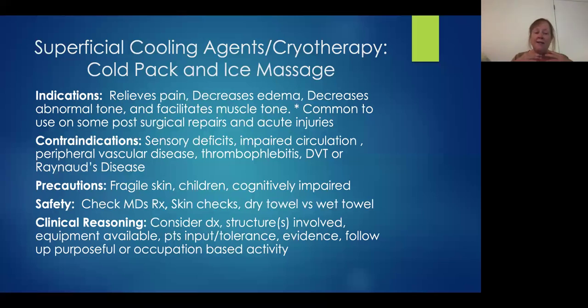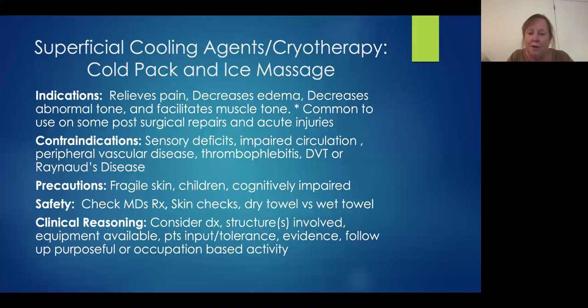Those are definite contraindications for why you would not use cryotherapy. So no matter what the situation is, if they have any of those listed in the scenario, in the question on the exam, you want to know that you're not going to select it, because there's other things that you can select. You have to use your clinical reasoning and come up with other ways that you can address that person's issues.